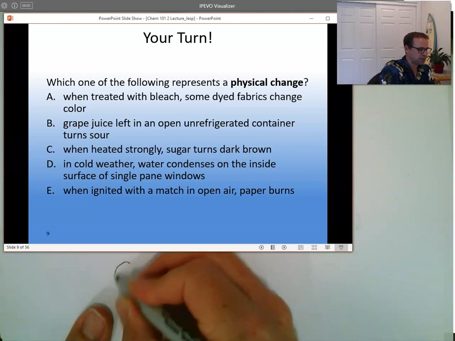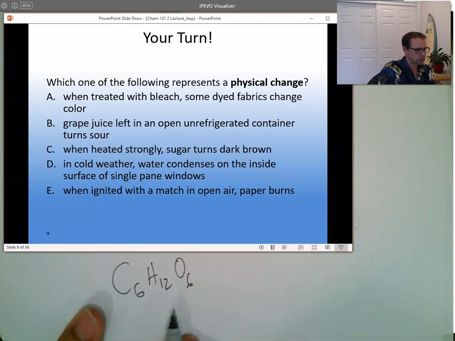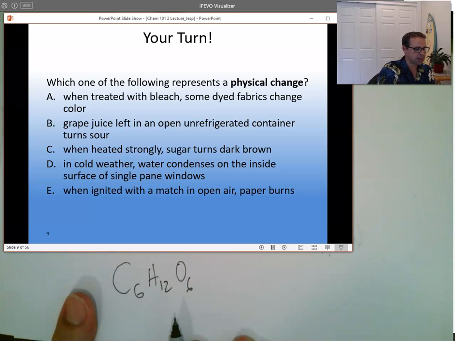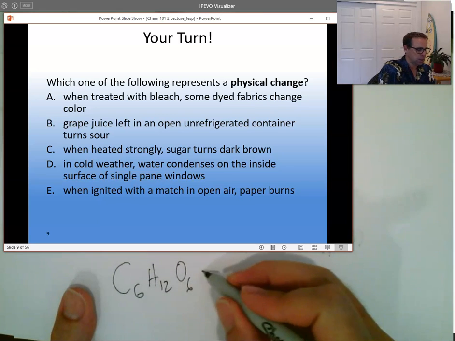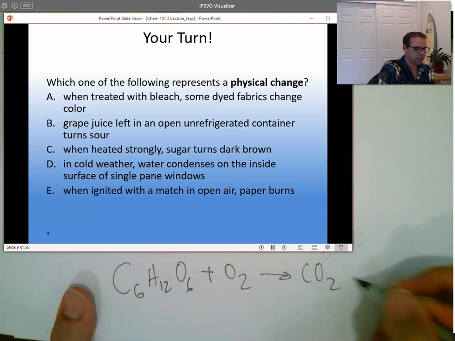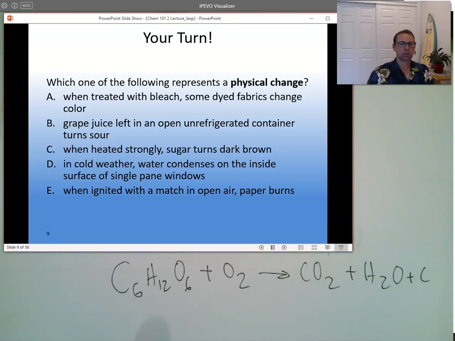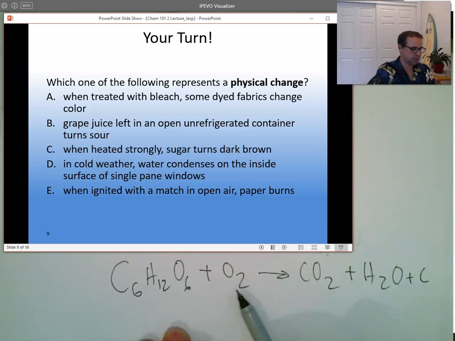A general idea of that reaction is something like C6H12O6, a rough estimate of anything that's organic, like paper. Combine it with oxygen, and your products are going to be carbon dioxide and water. Sometimes you might get just some black carbon ash. But yeah, we're getting a change when we are burning. And the need for the presence of oxygen is also a clue, because if you remove the oxygen, the process won't continue, right?